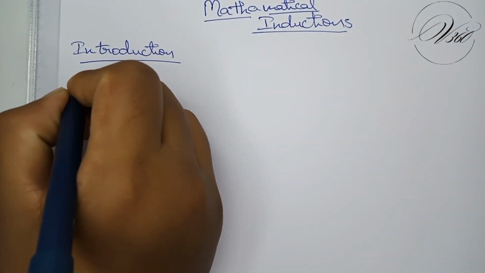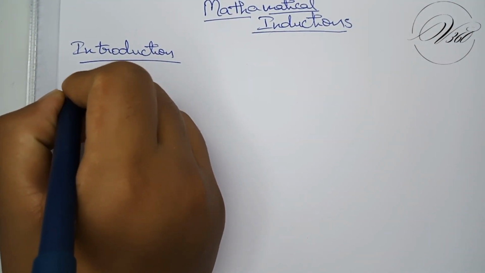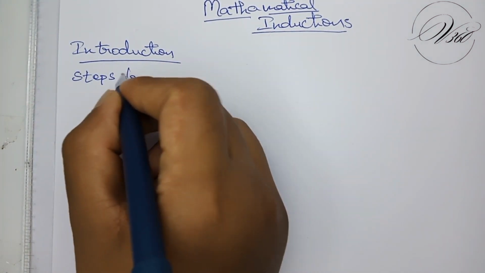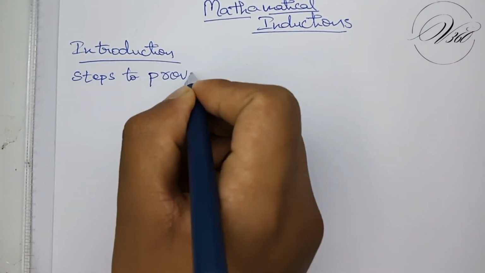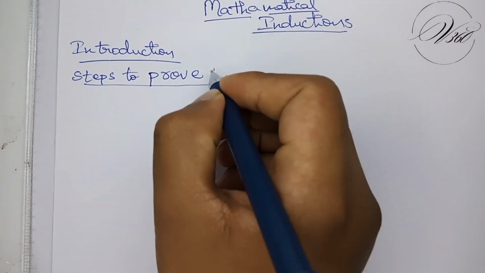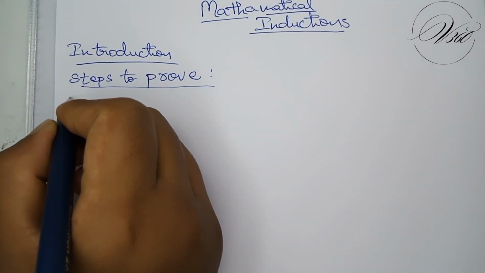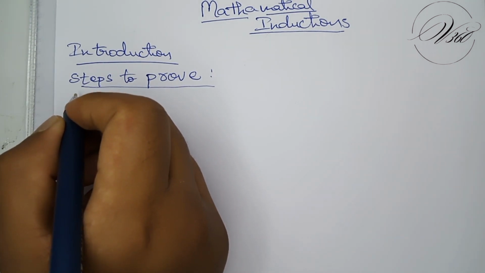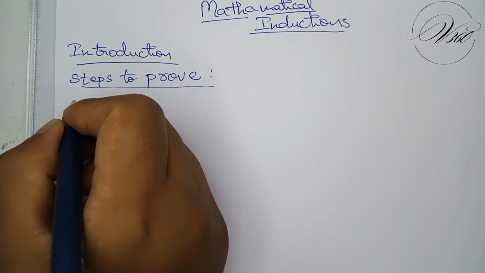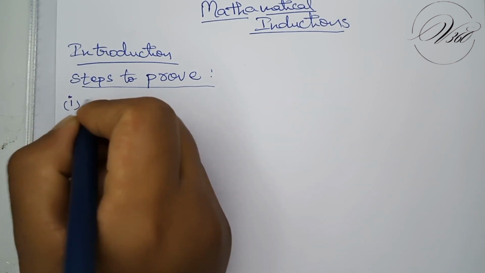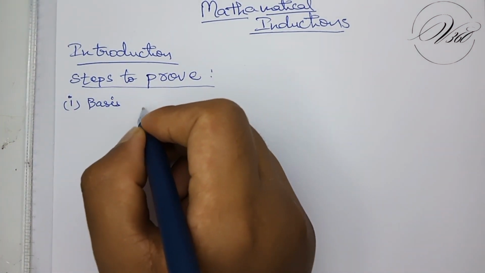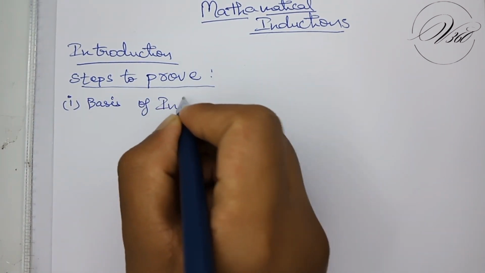The 3 steps are, we should write first a heading, that is steps to prove. We should know the steps to prove. These are for the problems which we have to prove, okay? Now the first one is basis of induction.